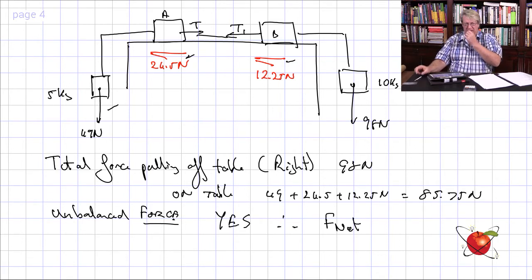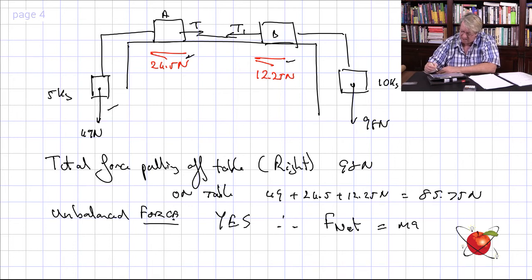If I've got an unbalanced force, we've got an F net straight away, which means we have to use that F net. That's the critical part. If you found an unbalanced force, use it straight away. That is equal to MA. How much is the unbalanced force? Well, it's 98 minus 12.25.